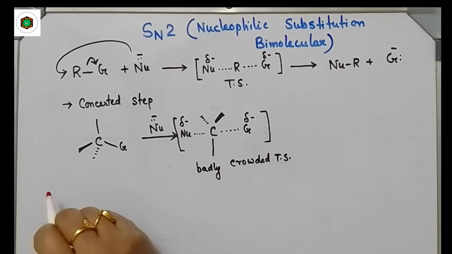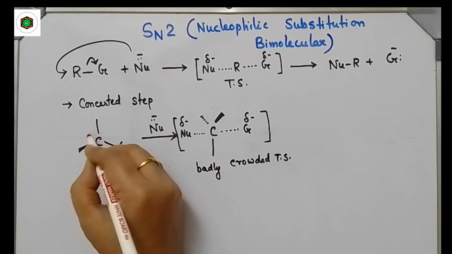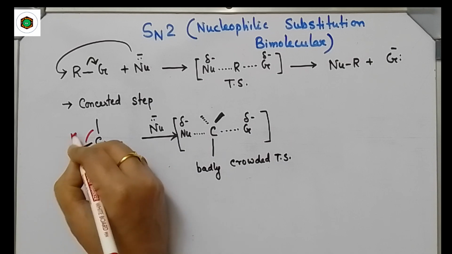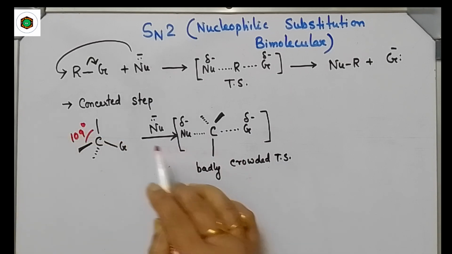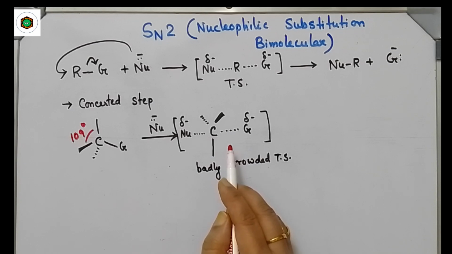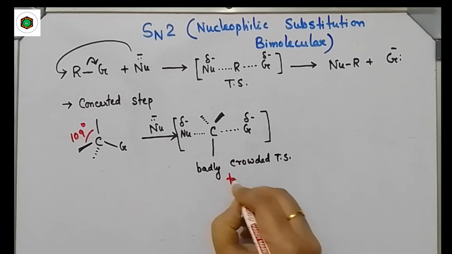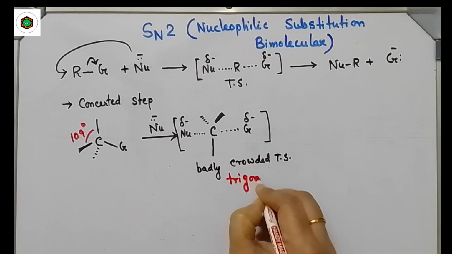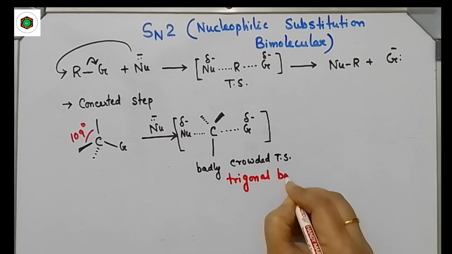Now the substrate has 4 sigma bonds. It is sp3 hybridized, and the bond angle between 2 bonds is 109 degrees. And the transition state in SN2 reaction is trigonal bipyramidal.